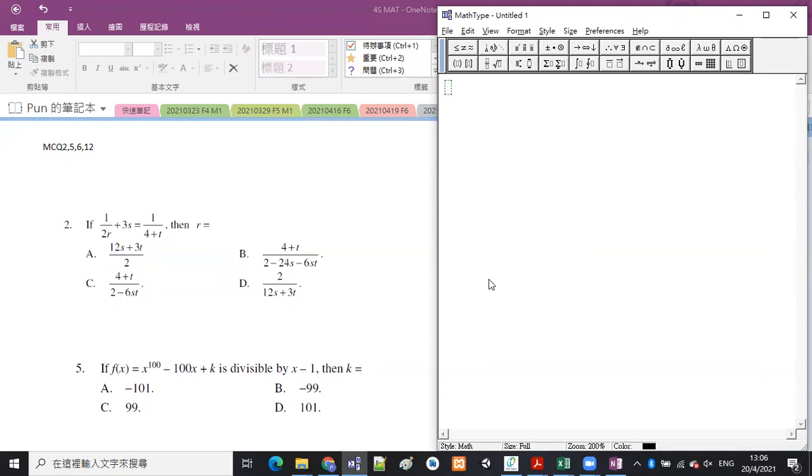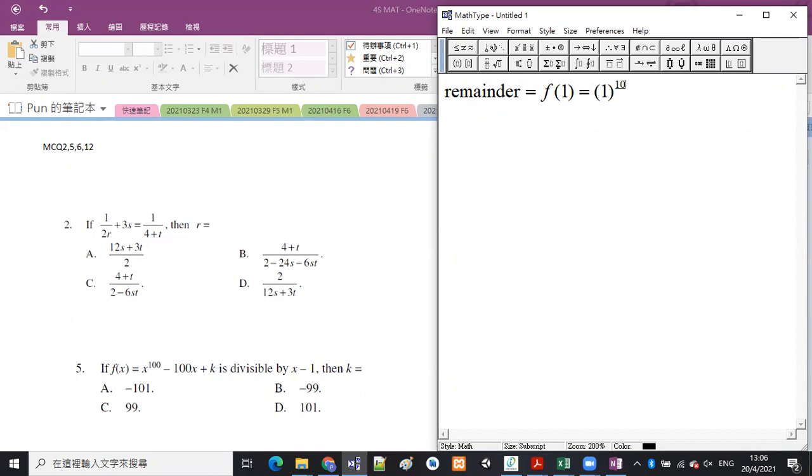Remainder equals 0. In this case, when it is divisible by x minus 1, the remainder is calculated by f number. And the number this time should be 1, okay? Because it's x minus 1 is the divisor, right? Okay? F1 can be calculated.